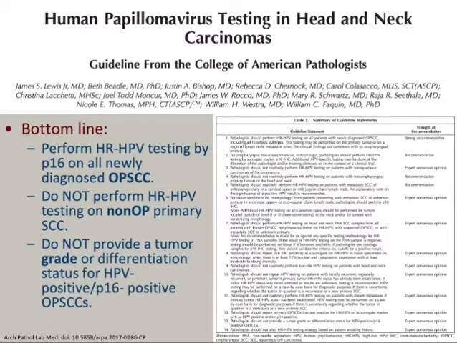Don't provide a tumor grade or differentiation status for HPV-associated cancers, because if they're very blue and you call them basaloid and you call them high grade, that's actually not predictive of their clinical prognosis, which is very good, very well differentiated, right? So don't grade HPV cancers. And in fact, you can also perform it, as in number 6 here, for tissue specimens from patients presenting with metastatic SCC of unknown primary.